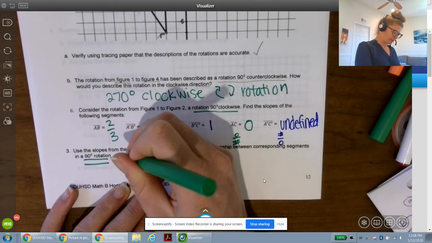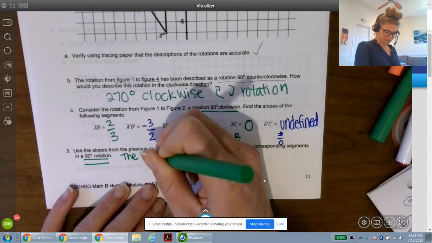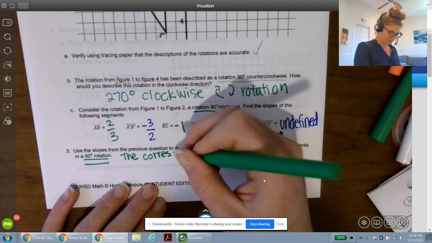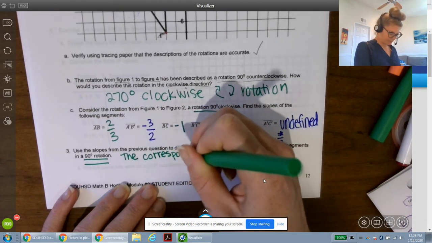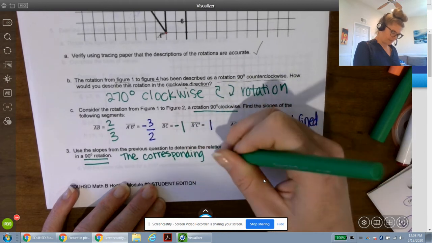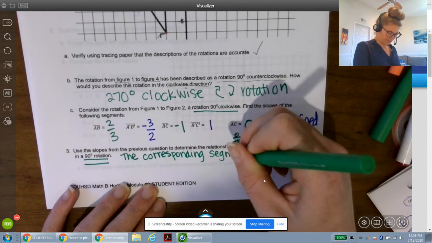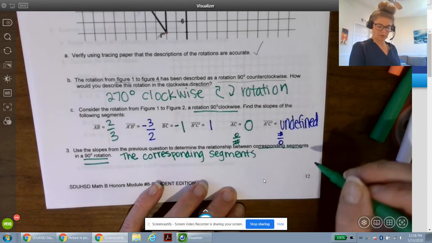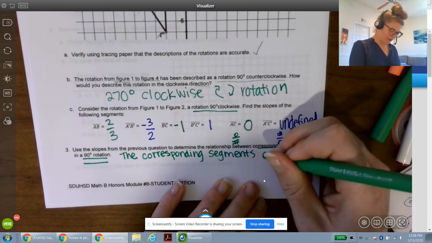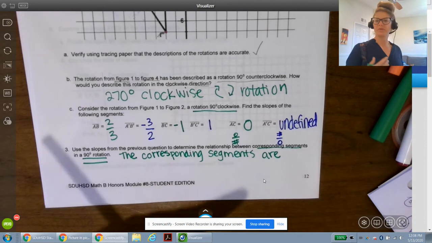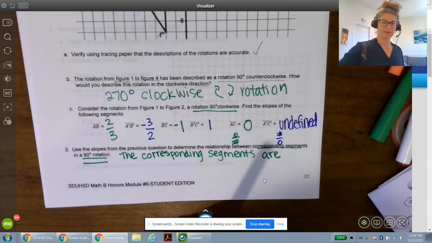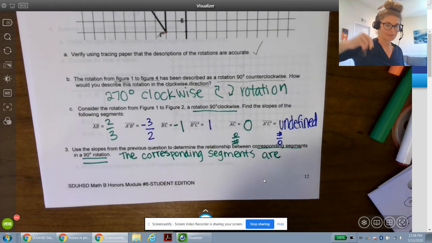So the corresponding segments, that's what they're asking, between the corresponding segments are, well, if we look at the slopes, 2/3, -3/2, -1, 1, 0, undefined.